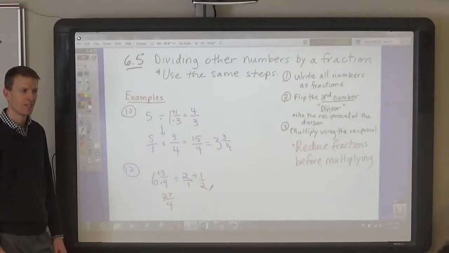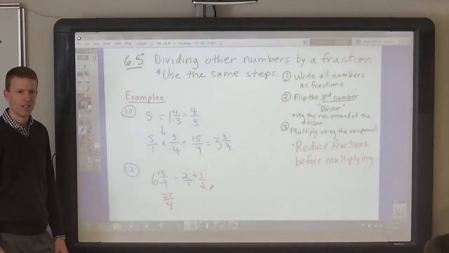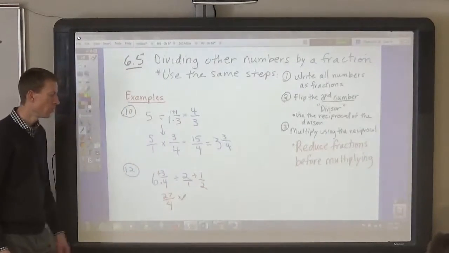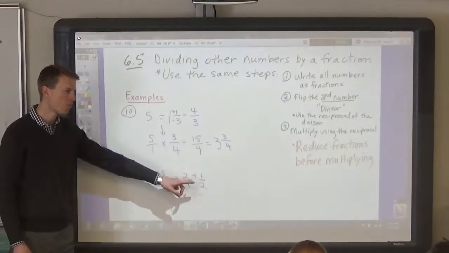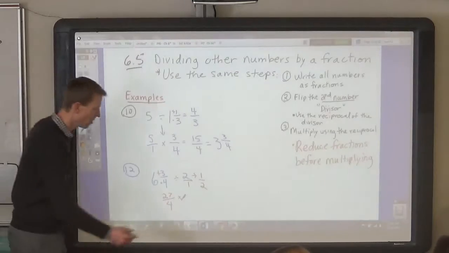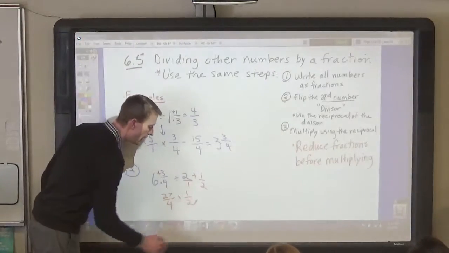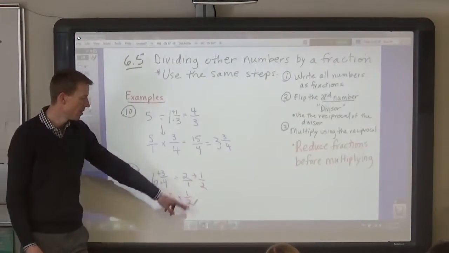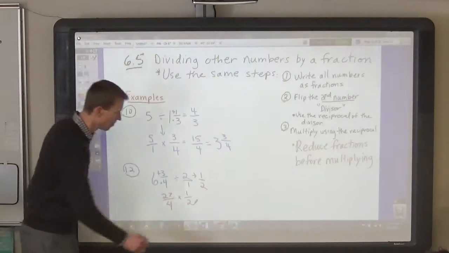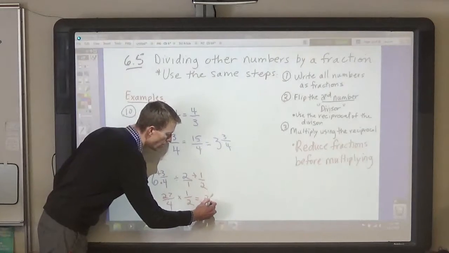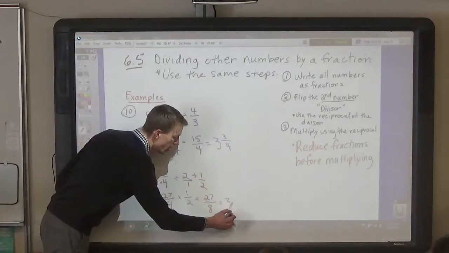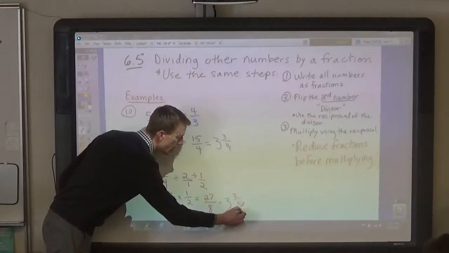Find the answer. Katie, which one should we use? Should we use the number or its reciprocal? Which one is that? Good. Change it to multiplication and multiply it by 1 over 2, which is 27 over 8, which is 3 3/8.